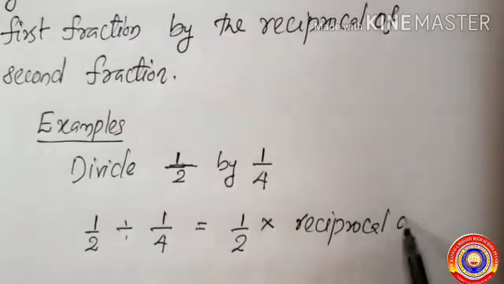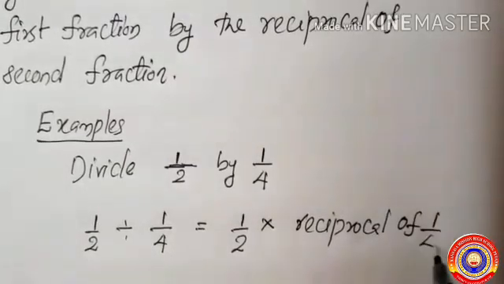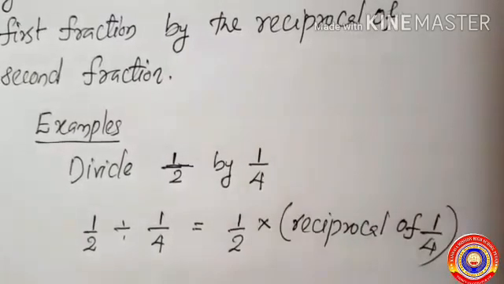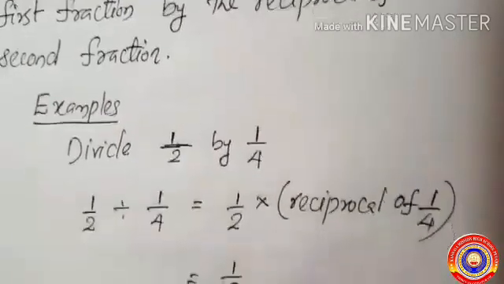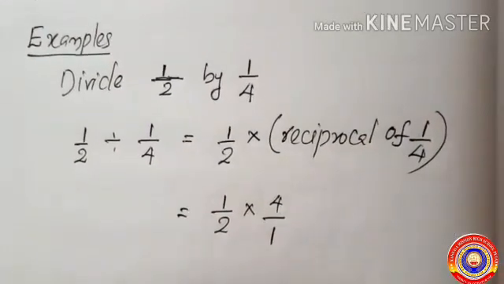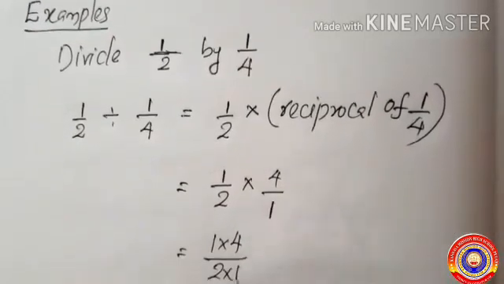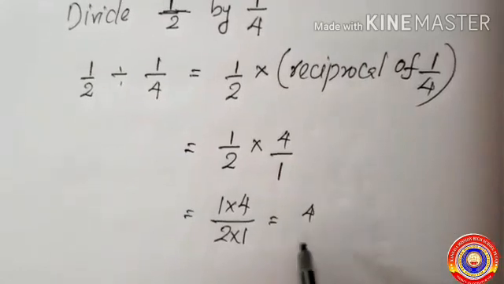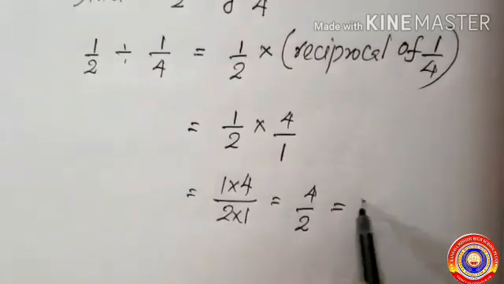So, 1 by 2 into reciprocal of 1 by 4. It becomes 1 by 2 into 4 by 1. That is 1 into 4 by 2 into 1, which is equal to 4 by 2, which is 2.